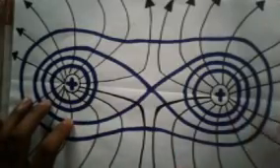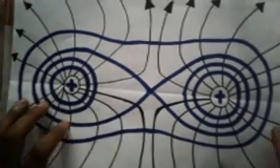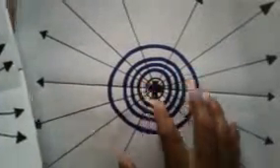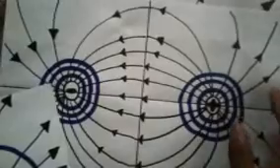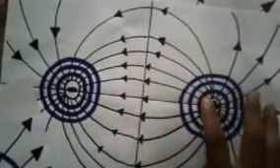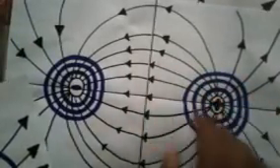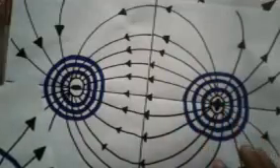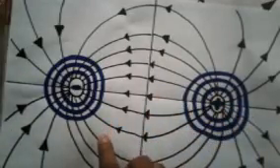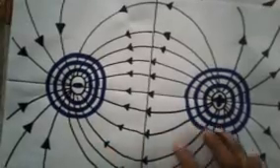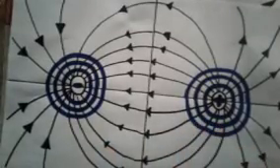This is the case near the point charge in figure 1, or in between the two point charges in figure 2. We note that in these regions the field lines are also closer together.